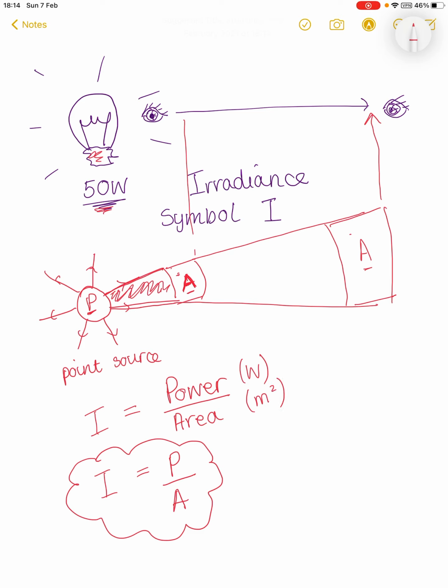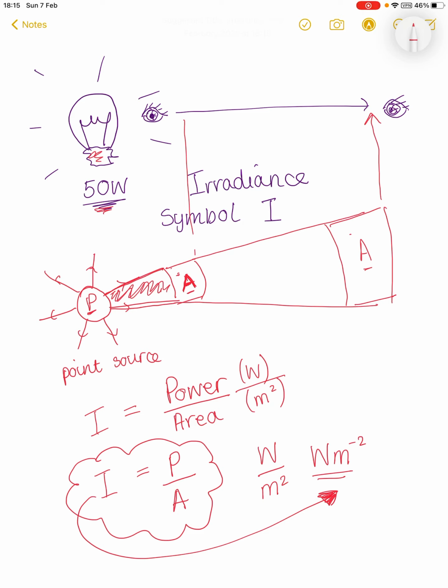Because our equation is divide, our unit for irradiance is watts over meters squared, or watts per meter squared. So that's where our -2 comes from. So that is our unit for irradiance, watts per meter squared. And again, you can always just work that out using the equation.